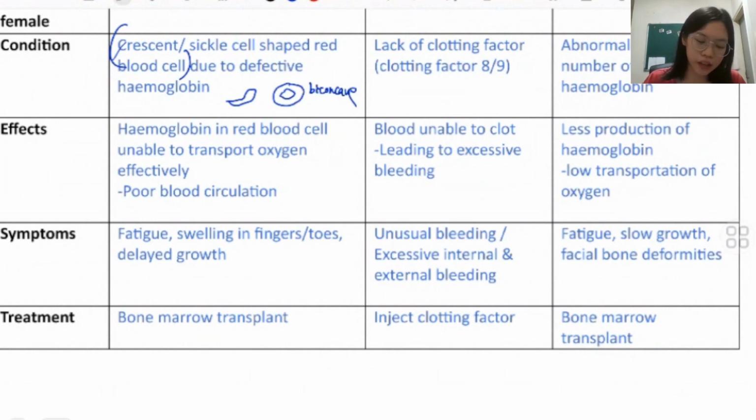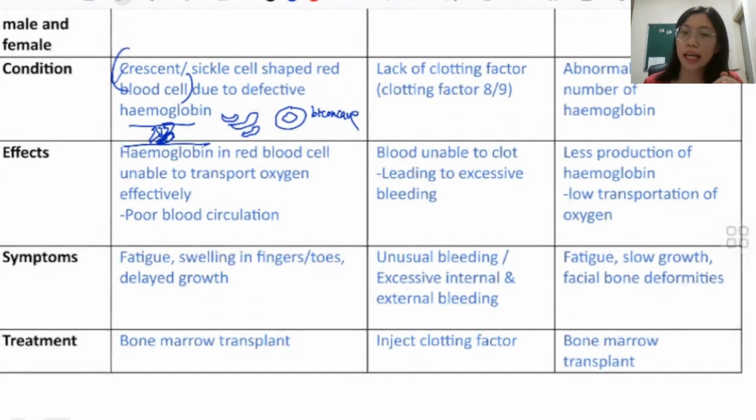And other than that, since their shape is crescent, they tend to clump together, and therefore sometimes when they pass through a blood vessel, they have a higher possibility to clump together because of their shape. So eventually it would lead to poor blood circulation.